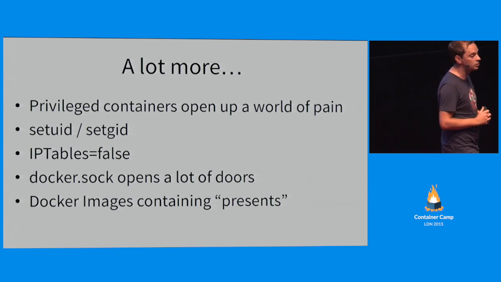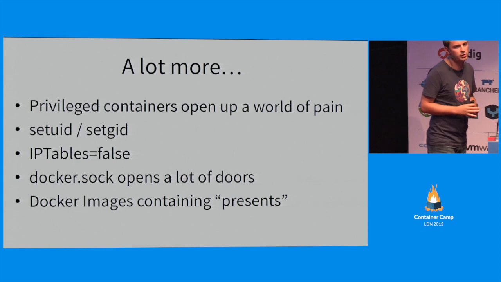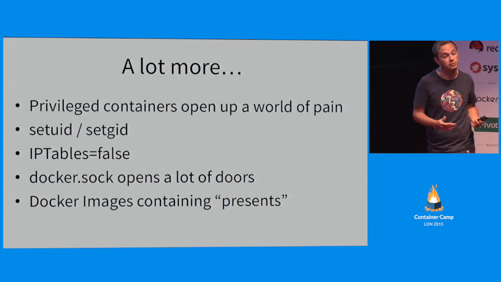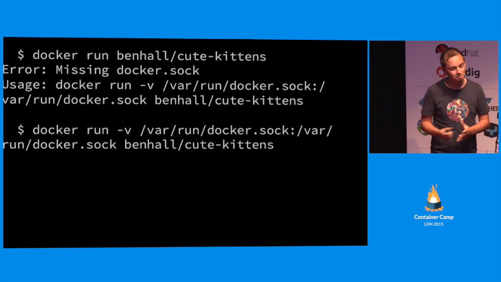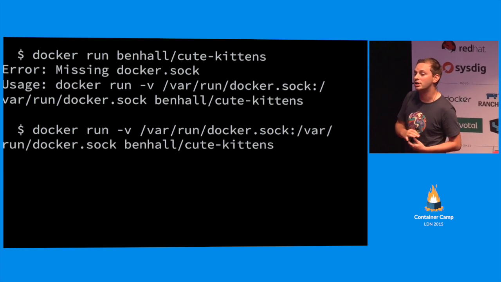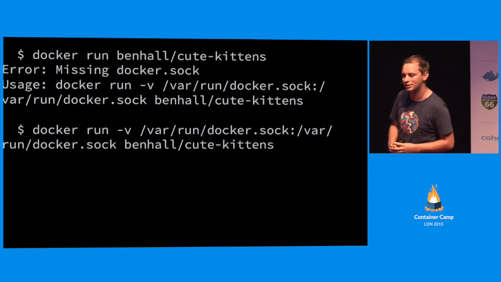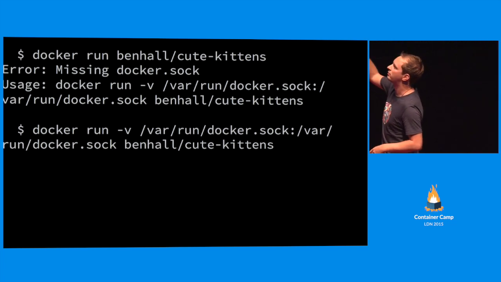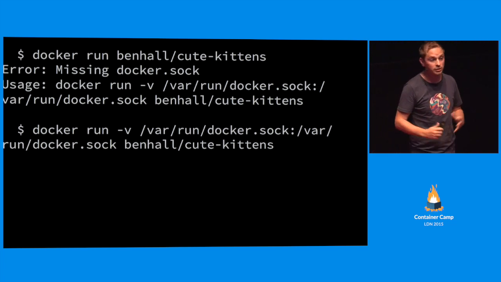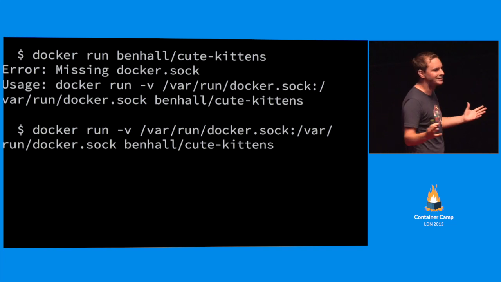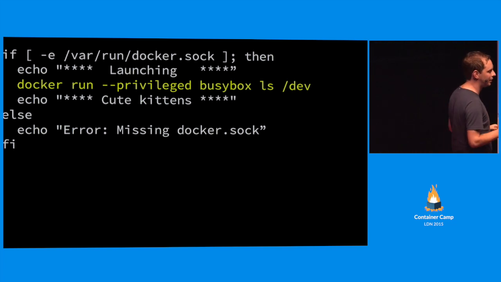That produces interesting results. And also, you just need to be careful of Docker images containing little presents. For example, I give you the promise and the dream of cute little kittens if you download and run my Docker image. But actually, if you want to run it, you have to run it by mounting a socket as well. Because I want to launch multiple containers, and I want to help you.